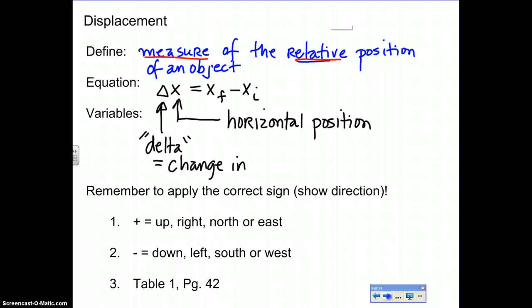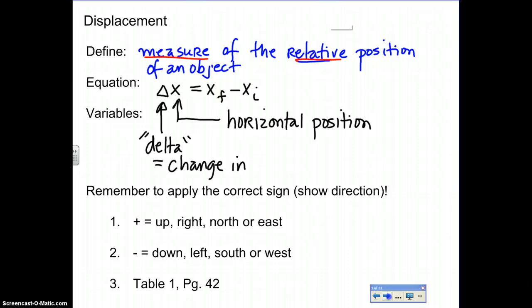Our total change in position is going to be 3 steps on that number line, because it ended at 5 and it started at 2. For a total change of 3 units. Could be meters, feet, miles, we don't know.